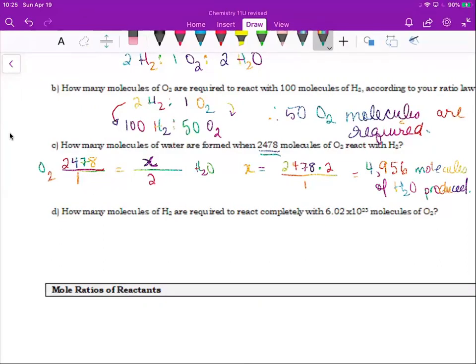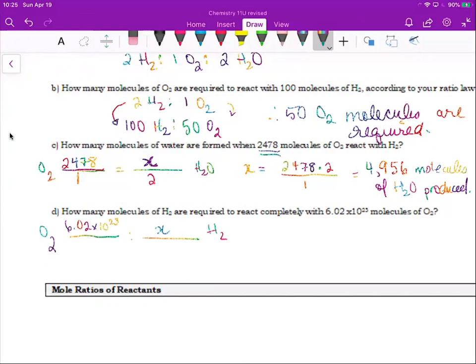Okay, so how many molecules of H2 are required to react completely with 6.02 times 10 to the 23 molecules of oxygen? Again, I need hydrogen, I have oxygen, my X goes here, and I have 6.02 times 10 to the 23 molecules of oxygen.